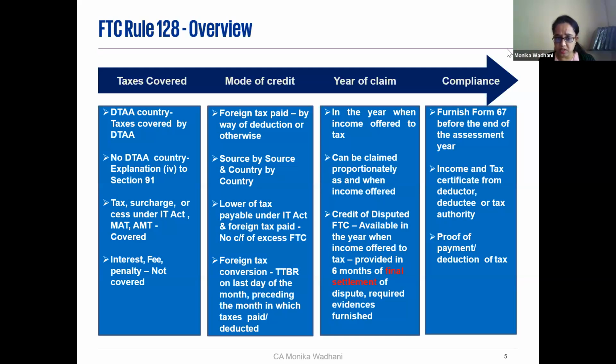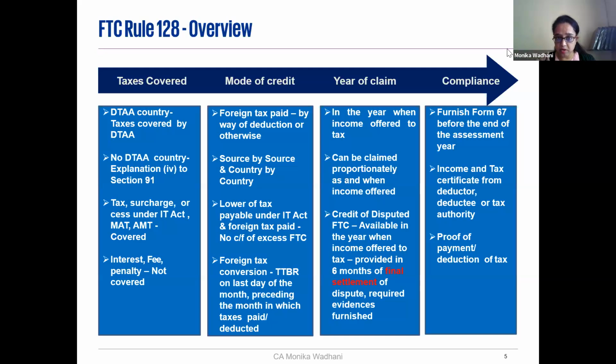In my view, the answer could be no, because when it comes to a treaty country, we see the respective article of the treaty for elimination of double taxation, and we compute the credit in accordance with that article. And when it comes to the provisions of the Act, section 91 also reads that it has to be country by country, and we already had a ruling in the case of Bombay Burma Trading from the Bombay High Court in this regard.